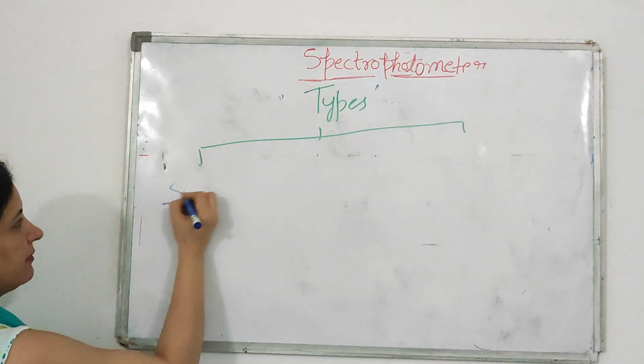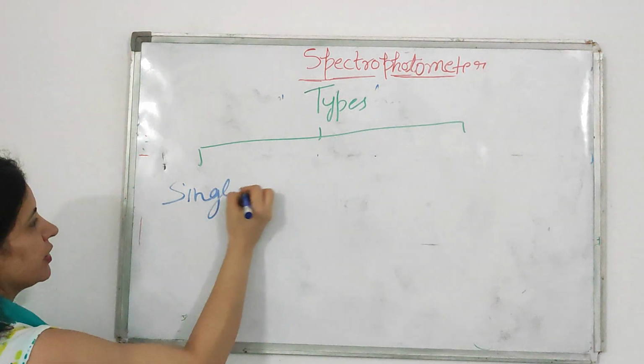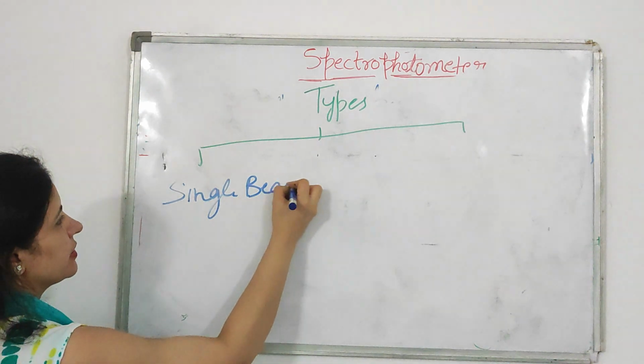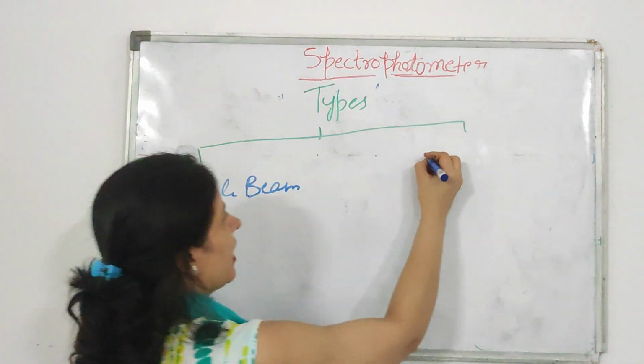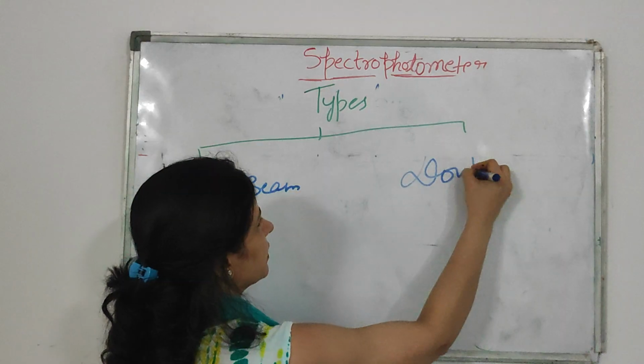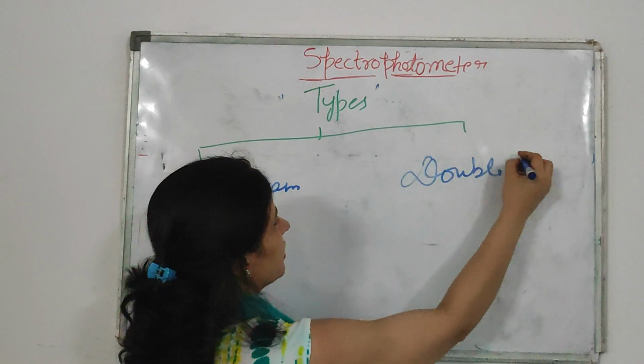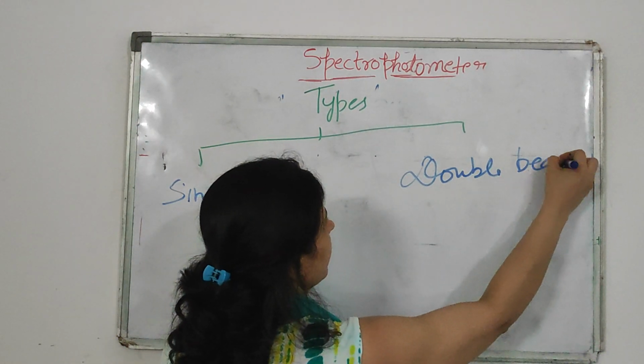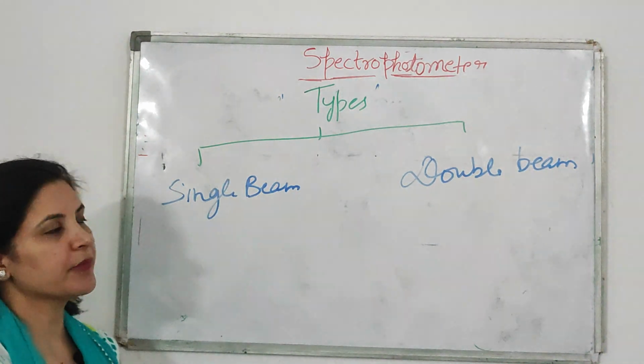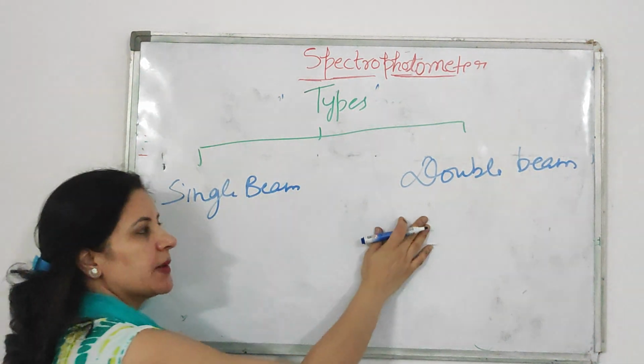One is the single beam spectrophotometer, the other is the double beam spectrophotometer.